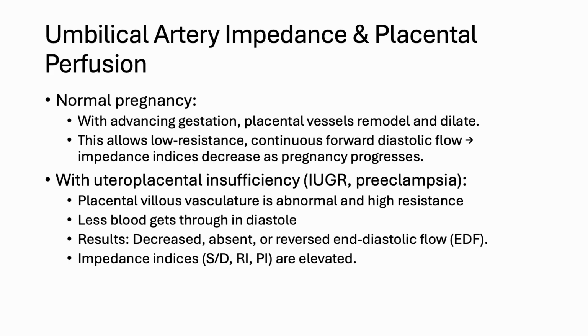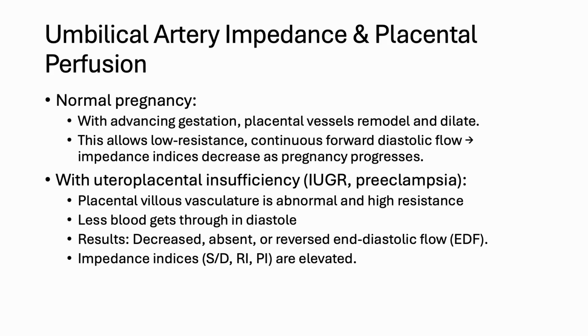So when we talk about umbilical artery impedance or placental perfusion, in normal pregnancy with advancing gestation, placental vessels remodel and dilate, and this allows low resistance and continuous forward diastolic flow. So this impedance index decreases as pregnancy progresses.